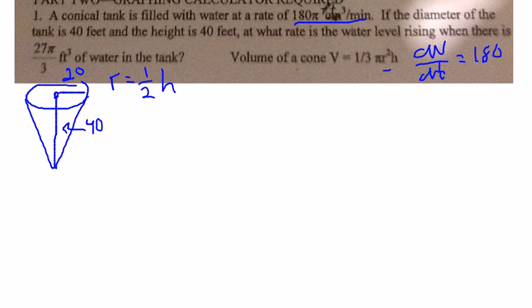What else am I going to do? So, actually, the first thing I'm going to do based on that is change this volume right here. So that says volume is 1/3 pi r squared times the height.